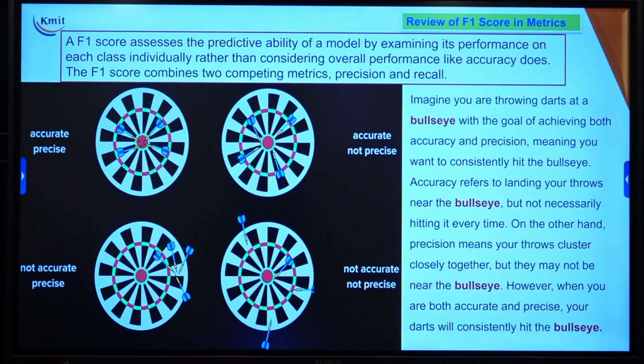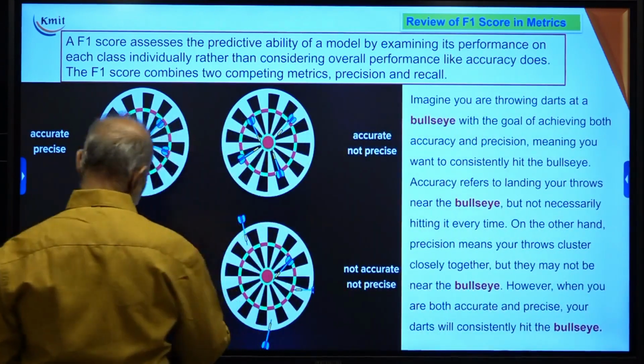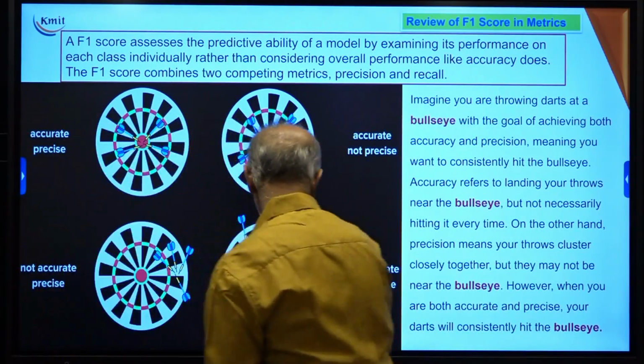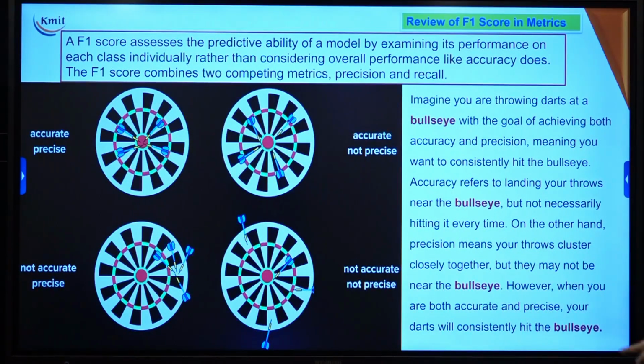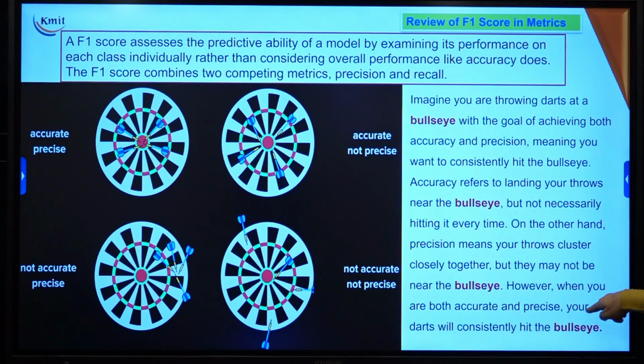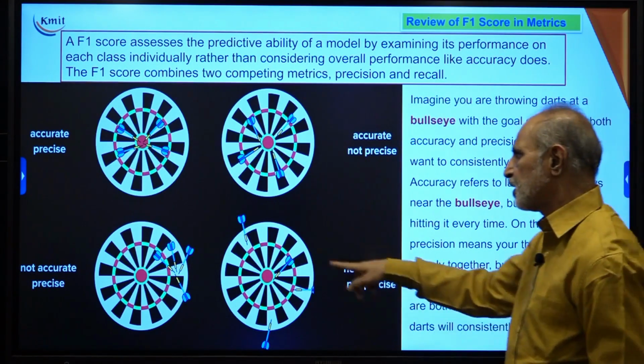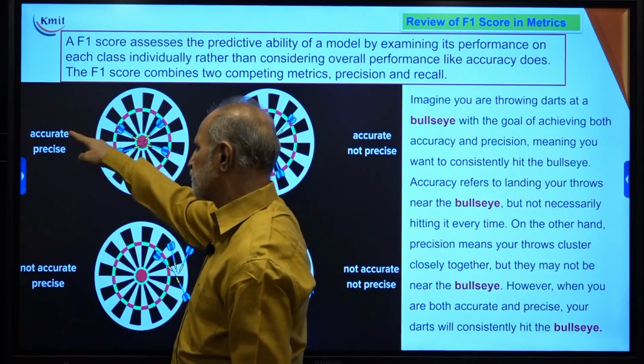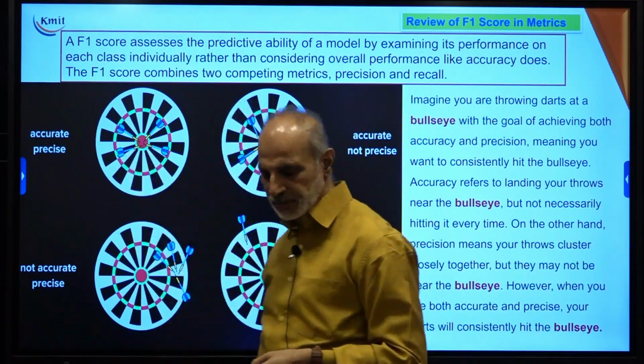On the other hand, precision means your throws cluster closely together. Here I am showing you a cluster growing together, but they may not be near the bull's eye, you can see that. However, when you are both accurate and precise, the darts will consistently hit the target. So, you require accuracy, you require precision to hit the target.